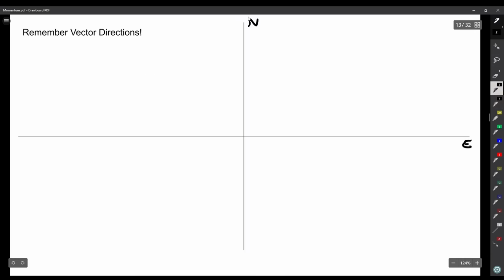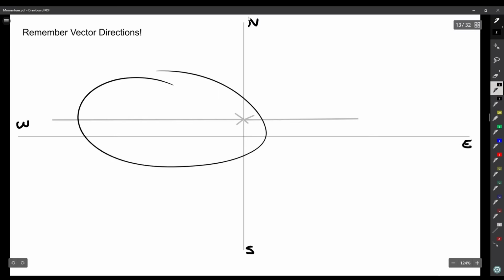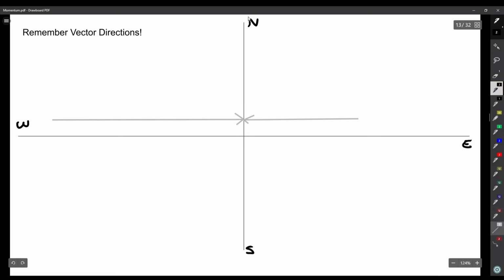North, east, south, and west. You need to start remembering vector directions, and this will come in handy when we go with our 1D and 2D collisions. Now, oftentimes when you work with vectors, we give them positive and negative directions because of opposing values. So if we had perhaps an impulse going this way from the west, and we had a slightly smaller impulse coming from the same place from the east, the larger impulse here would effectively win out.